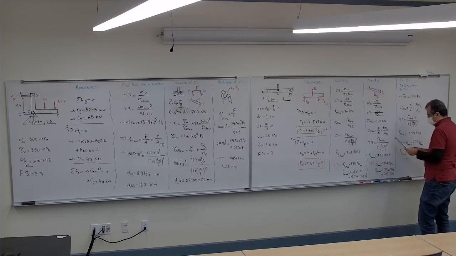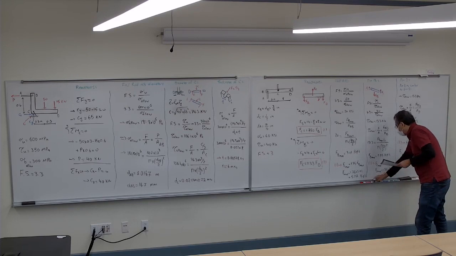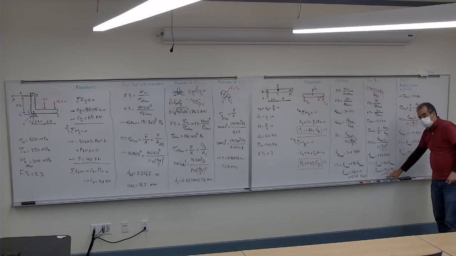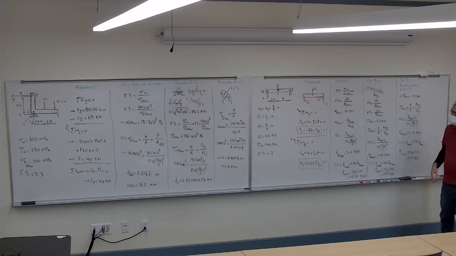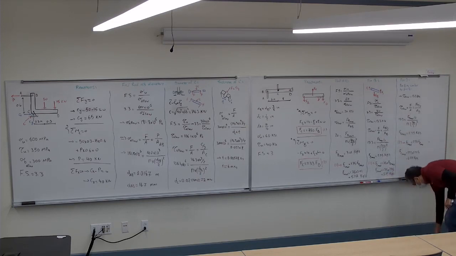This is gonna be 6.77 kips. So again, if you look at it, if it's 6.77, those two are already broken. So we never get to 6.77. And then the last one left is the pin C.